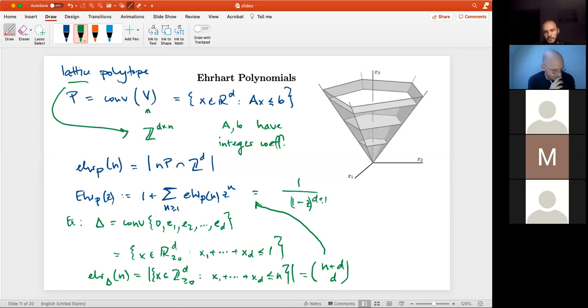So this is the sort of data to play with. Are there any questions on my definitions or on this example?